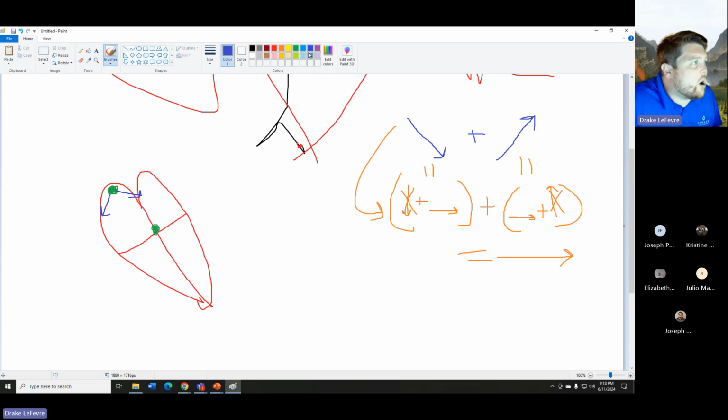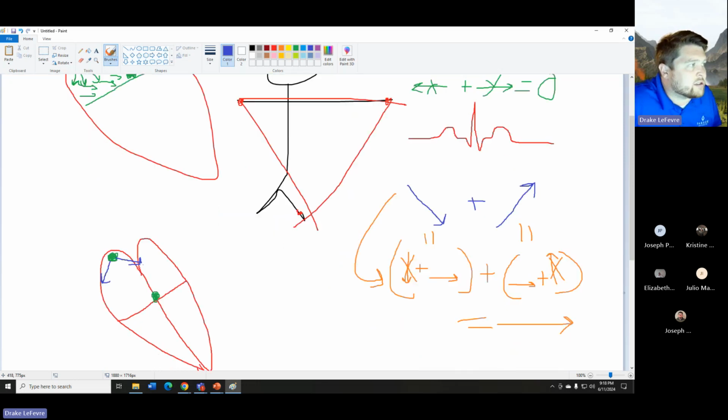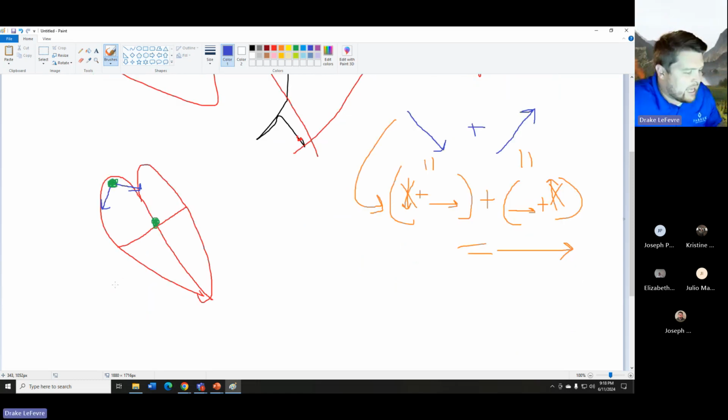So if we take all of these directions of electricity, the directions and the amount of electricity traveling in all these different directions, and combine them and merge them into one, we get a general direction from the SA node towards the left side of the heart.